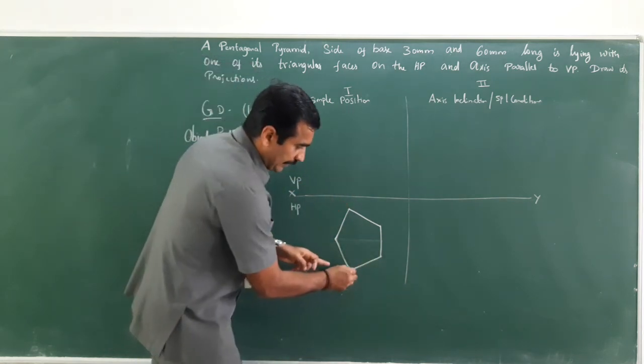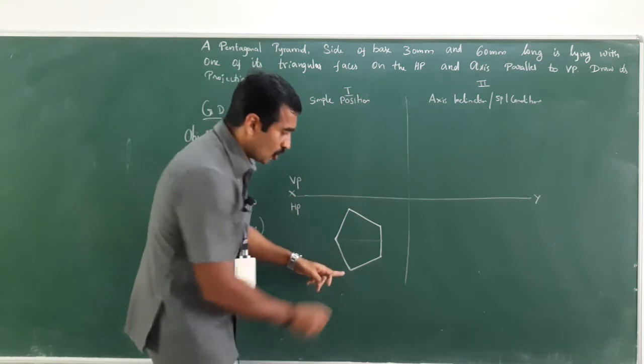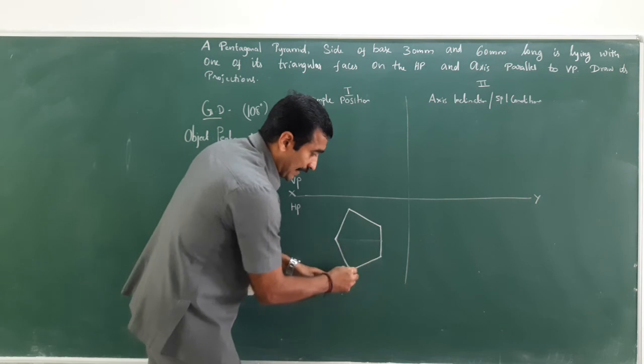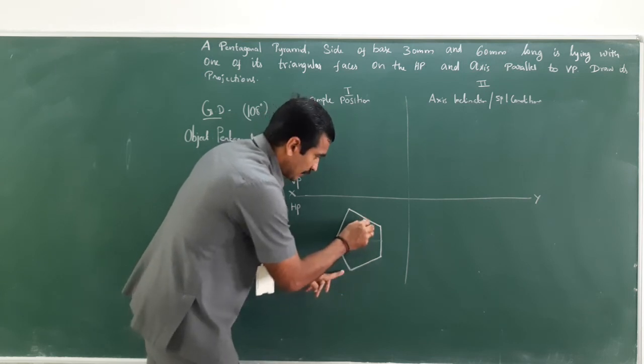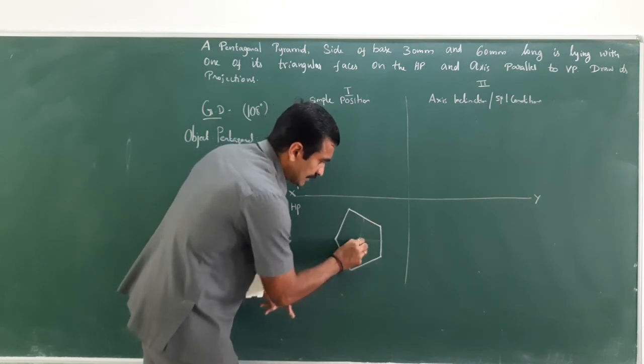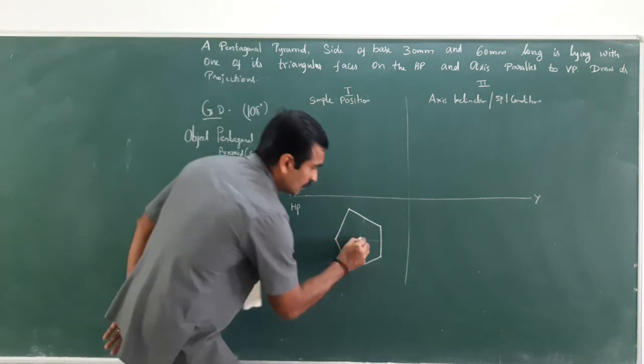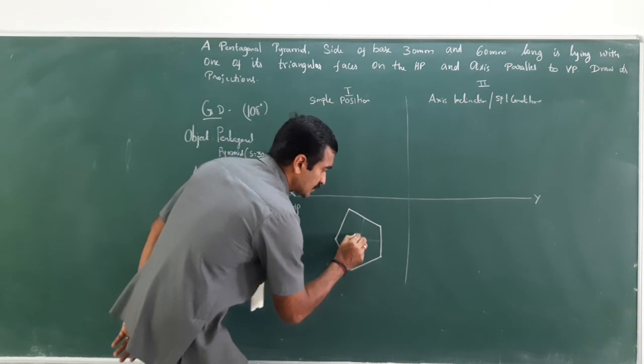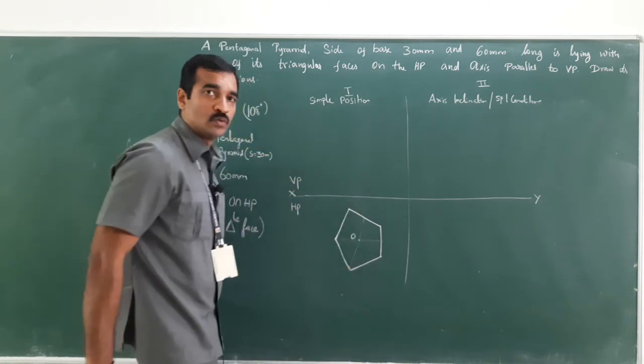Similarly, here it is a corner, opposite side center. Now connect the center and the corner. So now there is an intersection point. So this is nothing but the apex or vertex, which can be named as O.